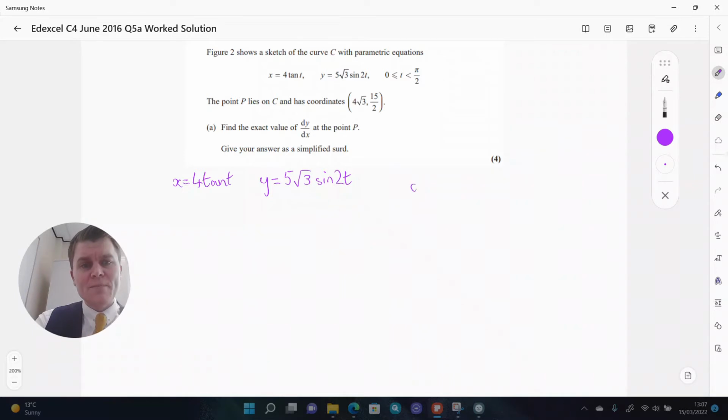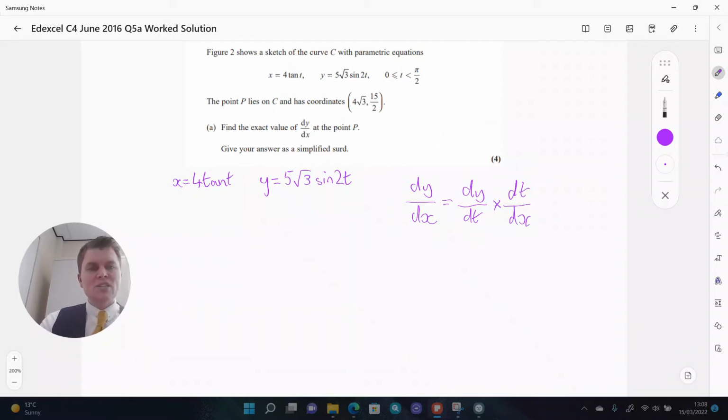So if you consider we're trying to find dy by dx, based on what we've got, we can differentiate y with respect to t, but we can also differentiate x with respect to t. But if we were to multiply those together, that wouldn't give us dy by dx. So what we actually have to do is take the reciprocal of x differentiated with respect to t. So we end up getting this little bit.